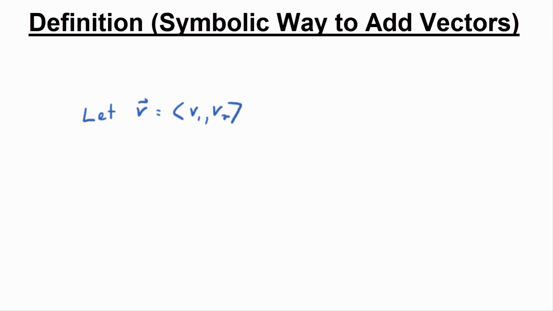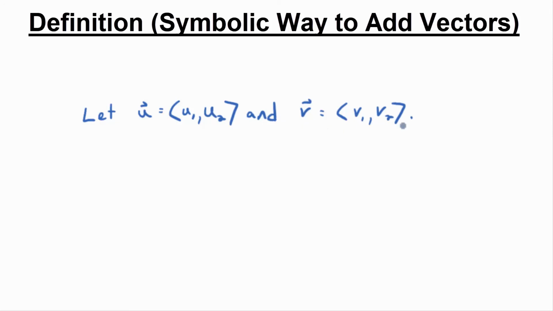And I'll actually state u first because I like alphabetical order, I suppose. And I'm going to let u equal, or have the components u1, so this is a subscript 1, u2. So it's just a way to generically, symbolically define u and v.